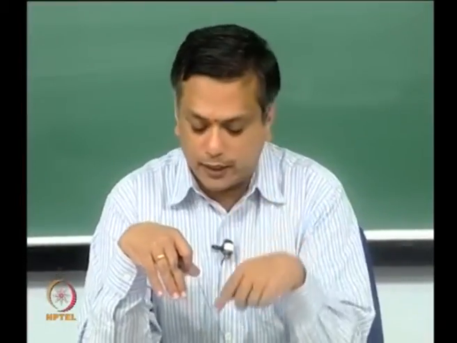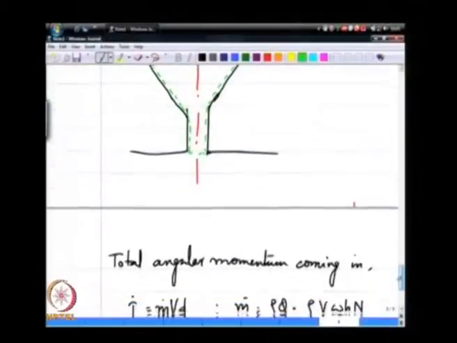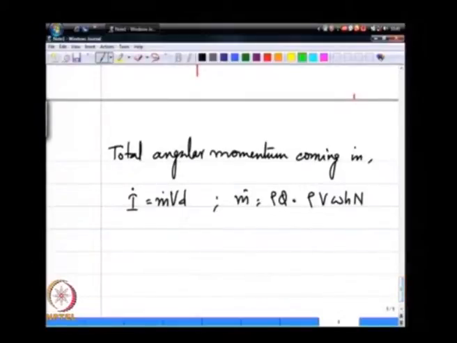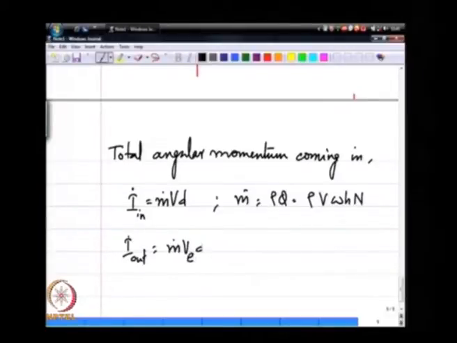So, whatever angular momentum comes in is exiting from the bottom. Okay. So, if the total angular momentum coming in is of this form, we will call this I dot in, I dot out is equal to m dot times V at exit times d at exit over 2.